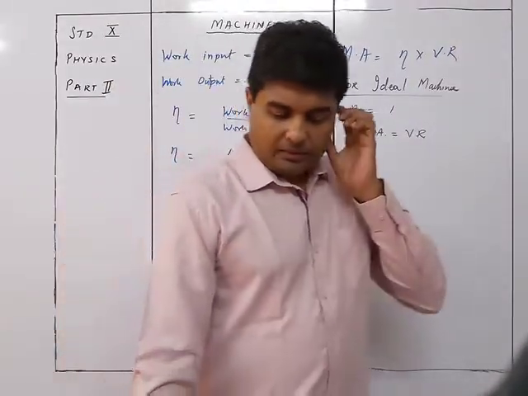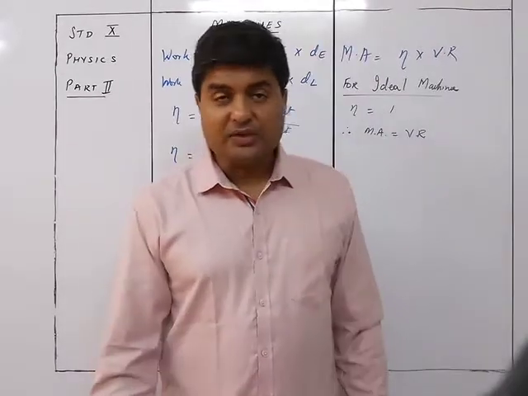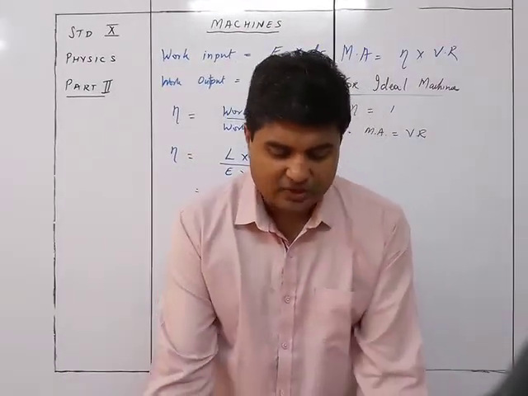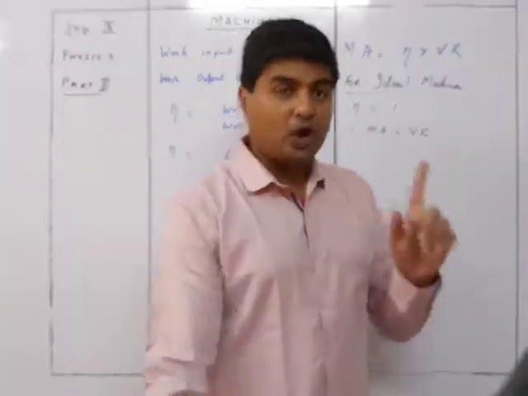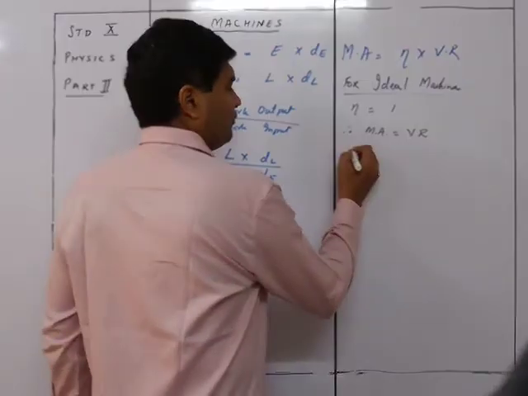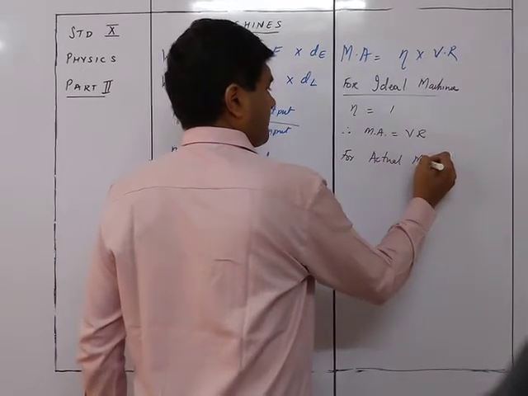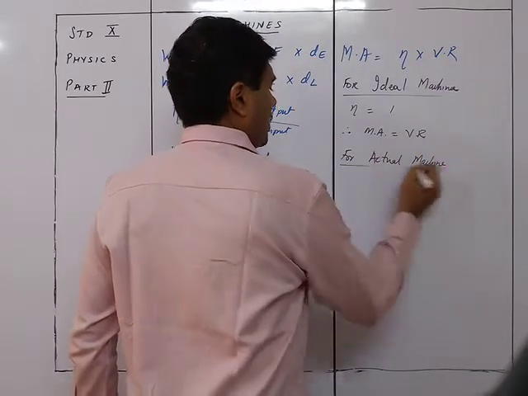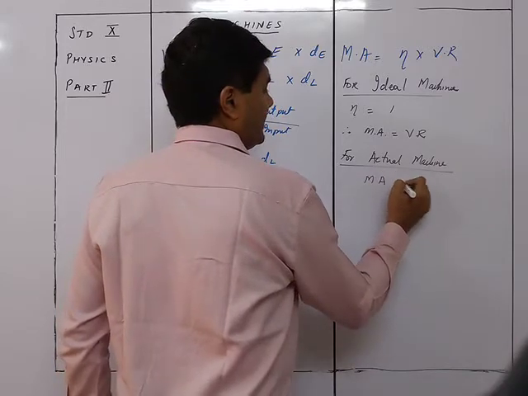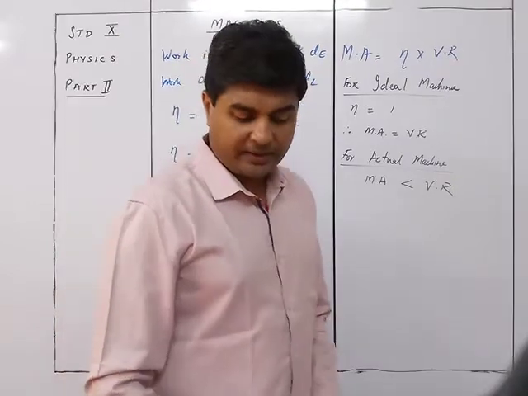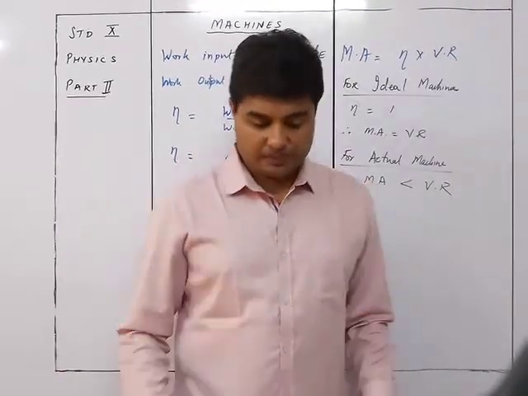Right? But in actual practice, of course, the mechanical advantage for all practical machines is always less than its velocity ratio. So MA under normal machines, for an actual machine, always MA will be less than VR. Always. This is always going to be there, irrespective of any machine.